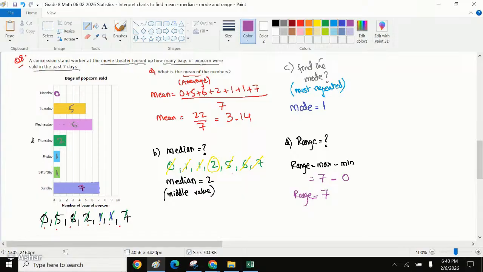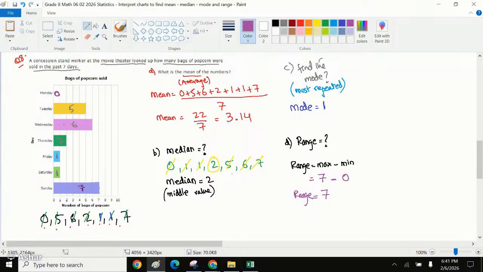Most repeated means out of these 7 days, which number of bags sold is the same. For Thursday it's 2, and we cannot find it anywhere else. And 6 bags were not sold on any other day than Wednesday. But for Friday and Saturday, on these 2 days the same number of bags were sold. So in this question, the mode means the number of sales of the same bags. Agreed?